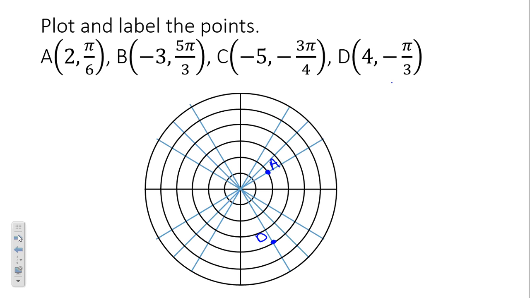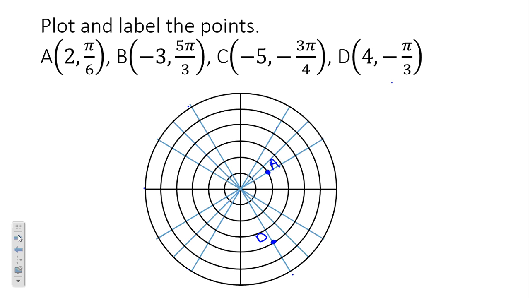Okay, so now here's where it gets a little bit tricky. Okay, is when r is negative. Because we're saying that it's a directed distance, or directed length, right? So when I ask you to find negative 3 comma 5 pi over 3, where's 5 pi over 3 going to be? It's a, what reference angle? 60. So it's 1 pi over 3, 2 pi over 3, 3 pi over 3, 4 pi over 3, 5 pi over 3, right?